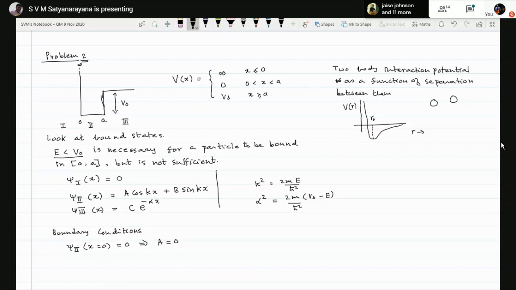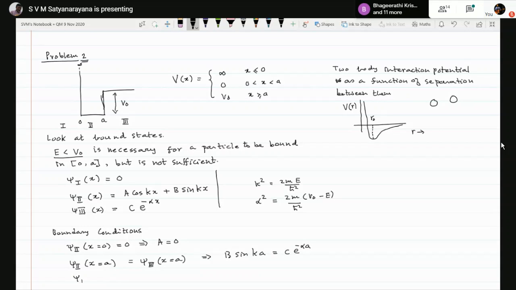So A is equal to 0. Then I have psi 2 at x equal to A is the same as psi 3 at x equal to A. Now I have A to be 0 anyway, so B sin Ka is equal to C into e to the minus alpha A.